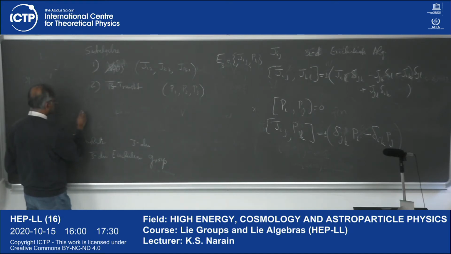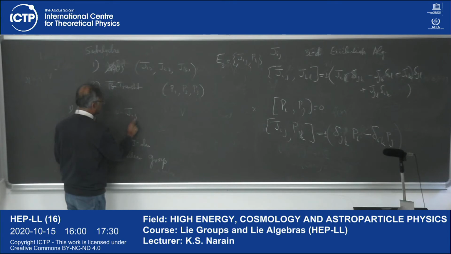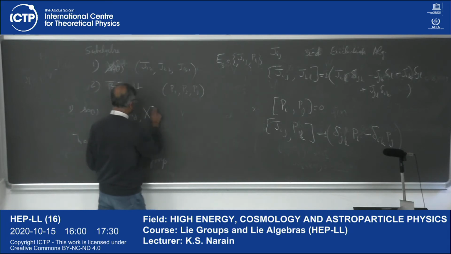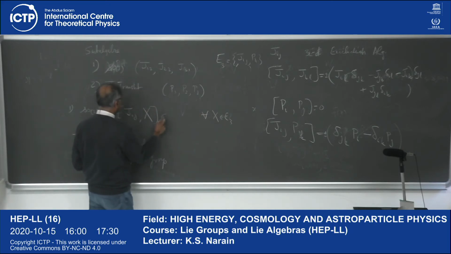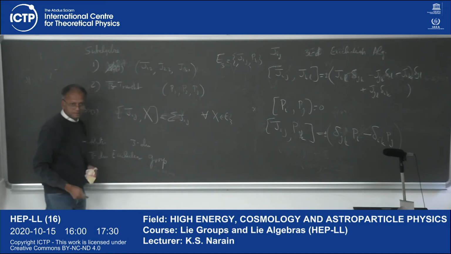So let's look at SO3 first. If it is an invariant subalgebra, then we should have the property that [J_ij, x], for all x belonging to E3, must again be in the SO3, which means combinations of J's. This must again be some combination of J_ij.